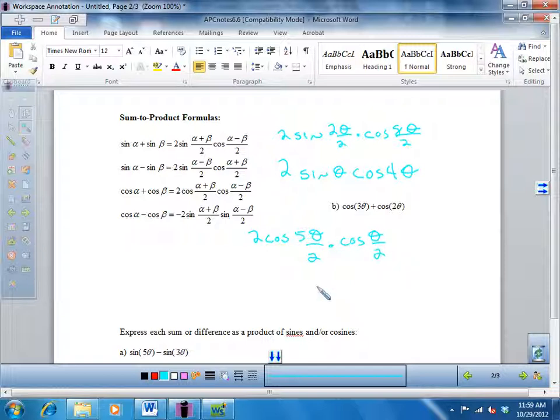And then I think we're done, aren't we? Whoops. I'm using this formula right here, right? So it's 2 cosine times cosine, so cosine (A plus B)/2 times cosine (A minus B)/2. And then you're done.